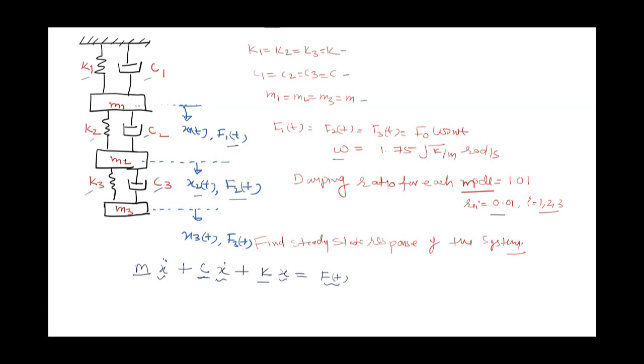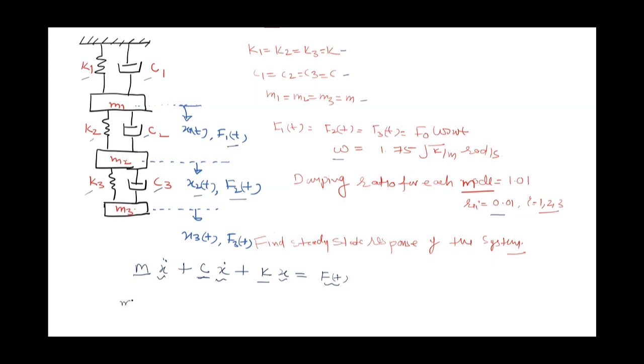Similarly, m2 is lumped at this point and we are measuring x2 from this point only. Similarly, for x3, m3, we are measuring x3 from the point where m3 is lumped. So in this type of case, the mass matrix is always a diagonal matrix.